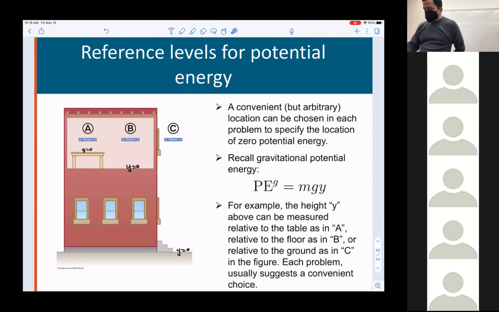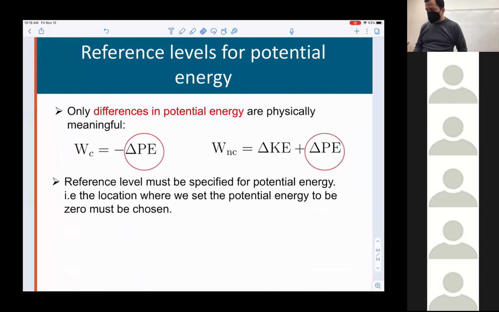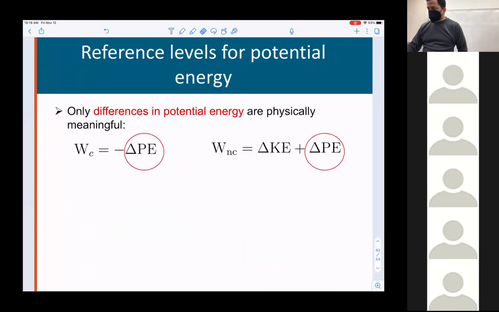And so the point is that this is okay as long as you pick some reference level and you stick with it throughout the problem, then you're fine, because if you go back and you notice, what really appears in the physics equations is always the change in the potential energy, right?